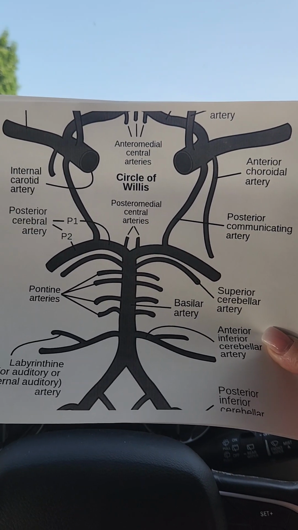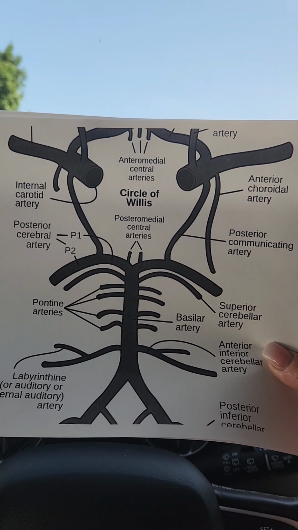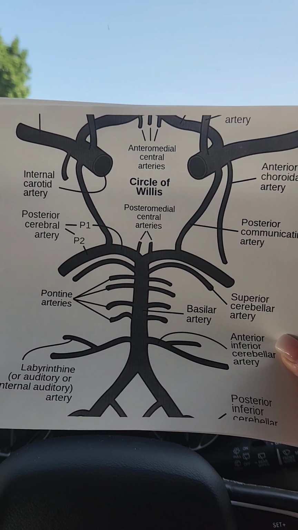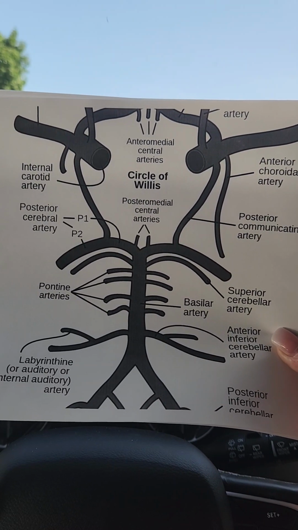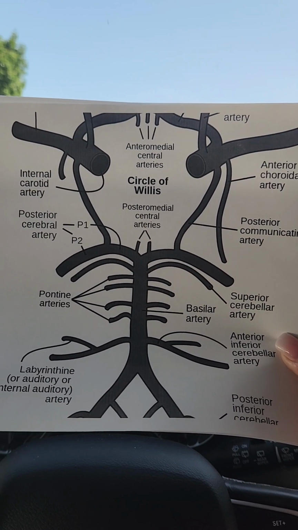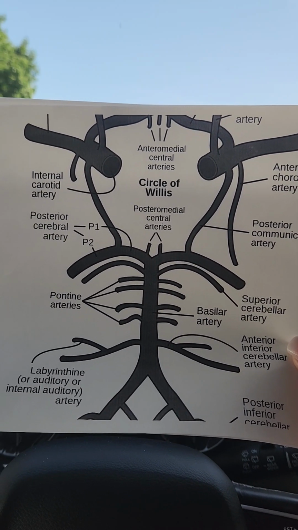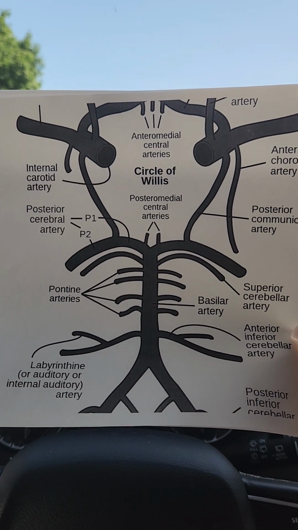The right common carotid artery originates from the brachiocephalic artery. I'm going to show you that again from last week in just a second, okay? In the neck, while the left common carotid artery arises from the thorax, from the arch of the aorta.